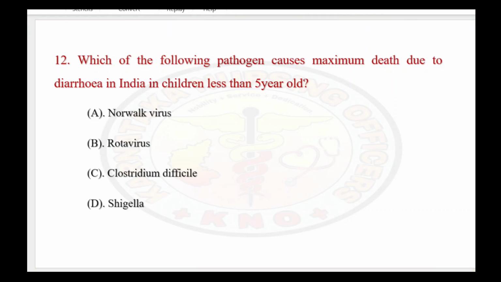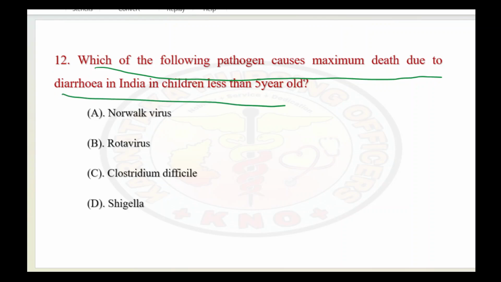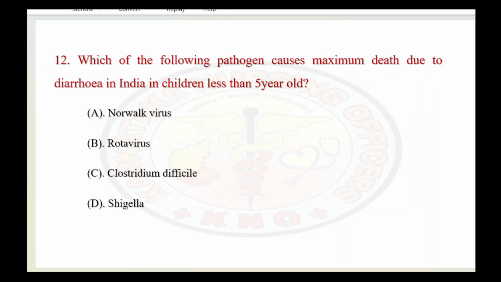So let's see the next question here. Which of the following pathogens causes maximum death due to diarrhea in children less than 5 years of age? So they have asked you the cause for deaths due to diarrhea, and that too maximum.